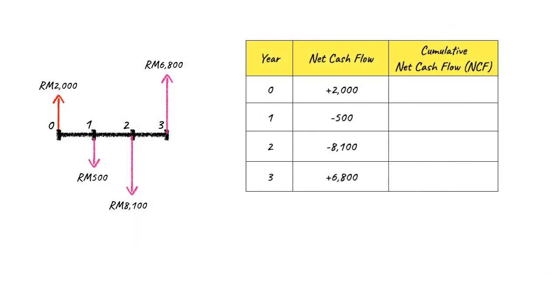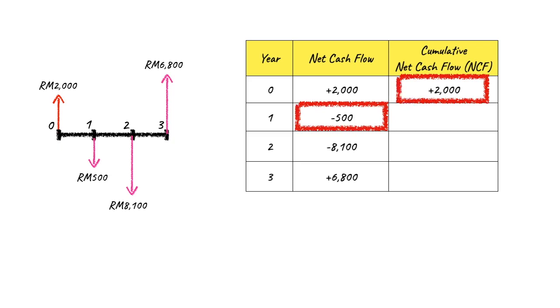If you draw up the table of the cash flow, the first column is for the cash flow, which is attained from the question, while the second column is for the cumulative cash flow. So in the cumulative cash flow from year 0 to year 1, the cumulative value is 2,000 plus negative 500.